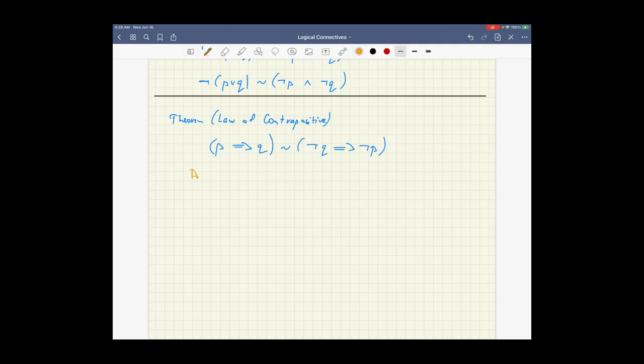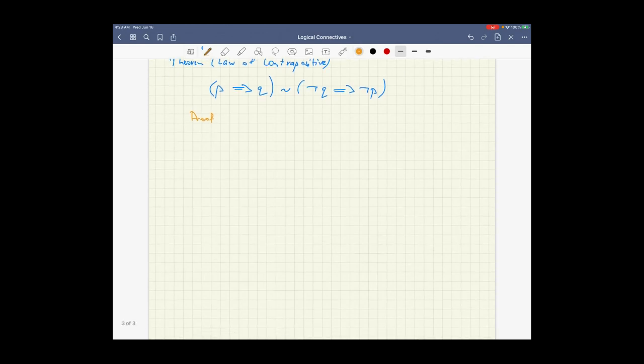Right, so to prove this, all I need to do is construct the truth table. Right, P implies Q, not P, not Q, and not Q implying not P.